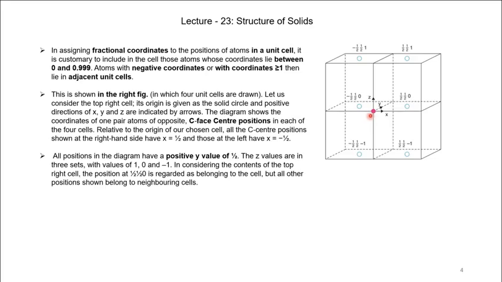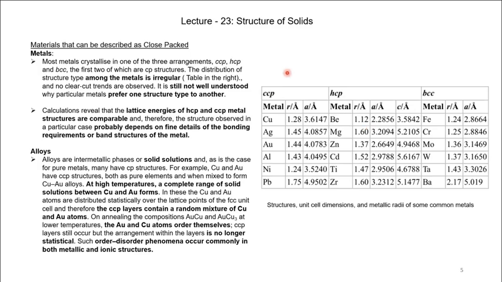Okay, now we come to this. So far we have discussed close packed structures, and now we will say which elements could possibly give us close packed structures using this close packing system.